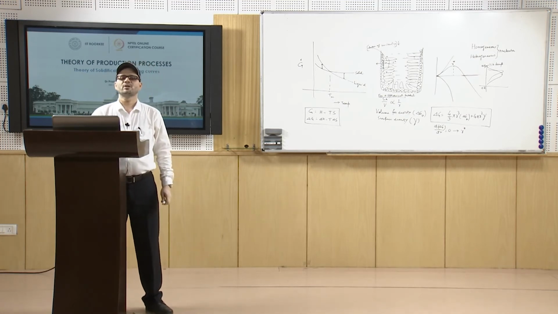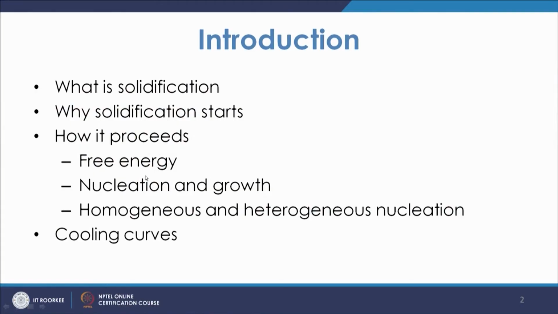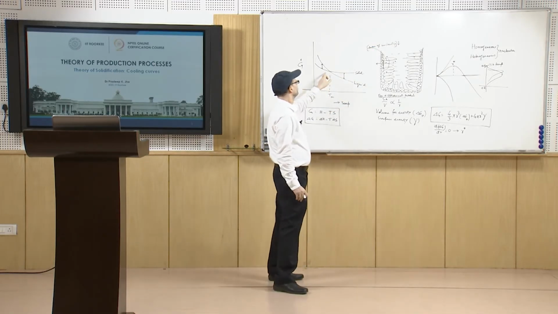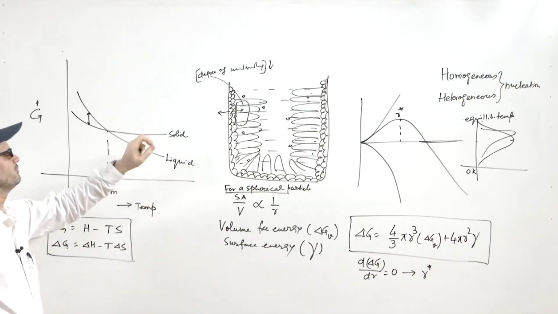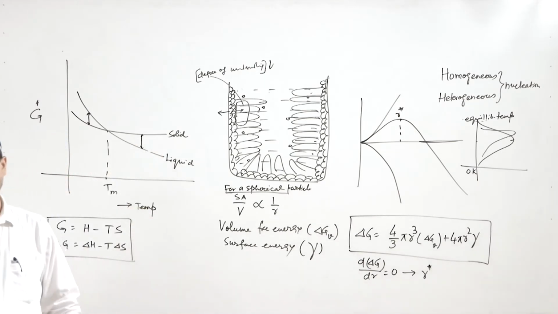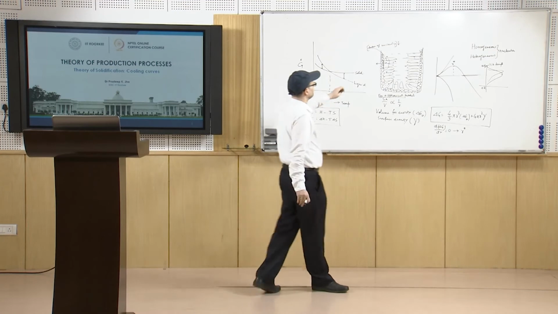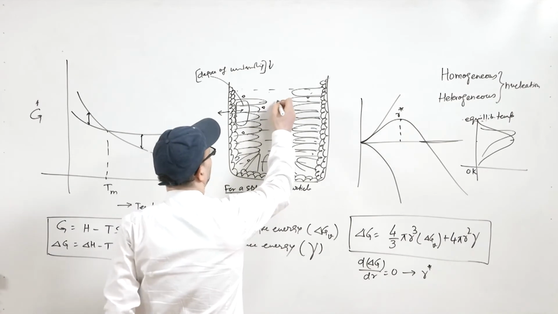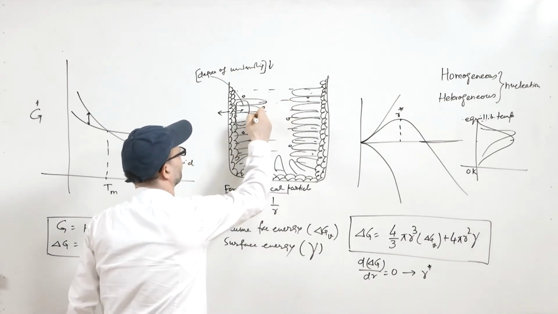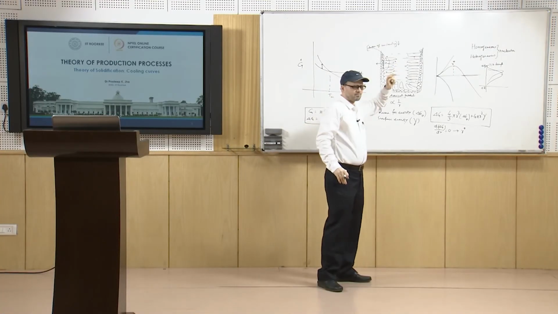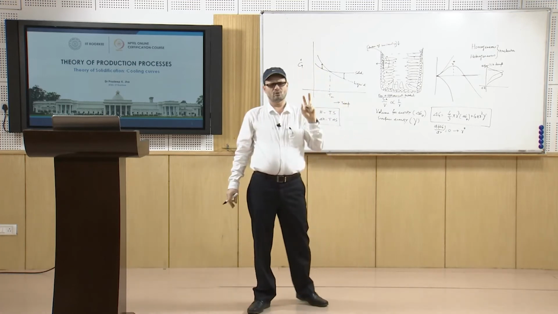We discussed the free energy curve. What we have seen from that curve is that the value for liquid is smaller and for solid it is higher when the temperature is higher. So, that is why it is like this. Now, in the case of casting, this growth which is going on in this direction is basically opposite to the direction of heat flow.